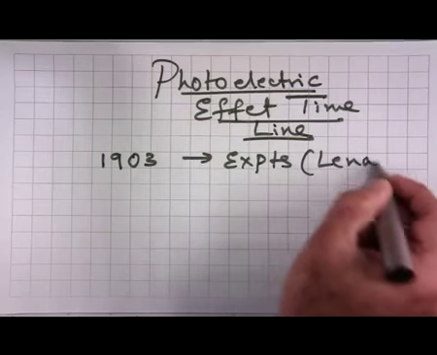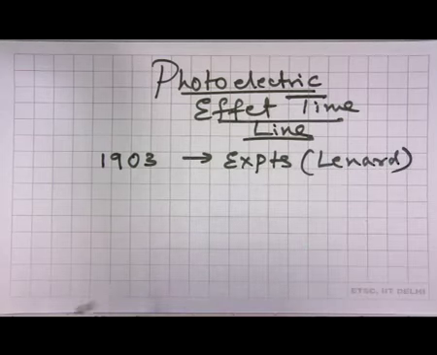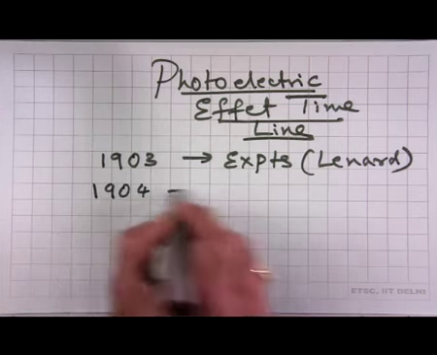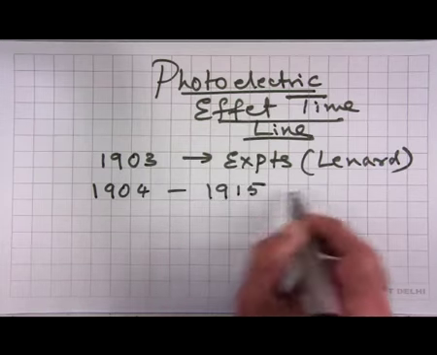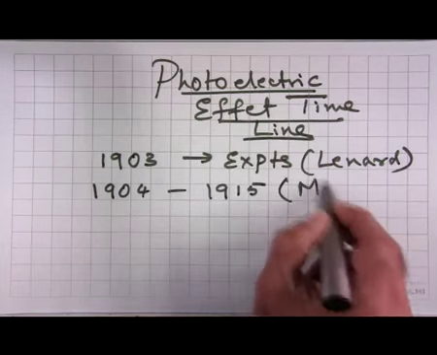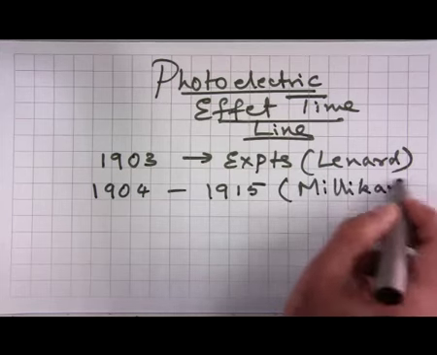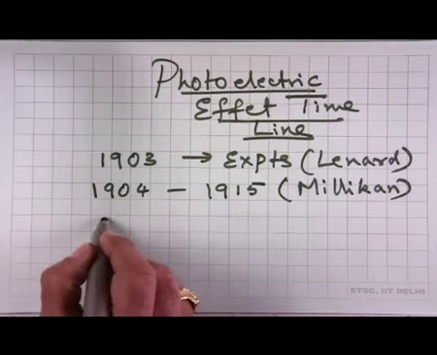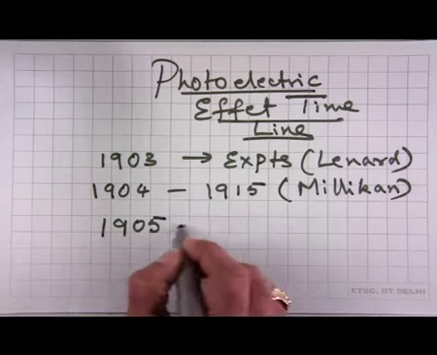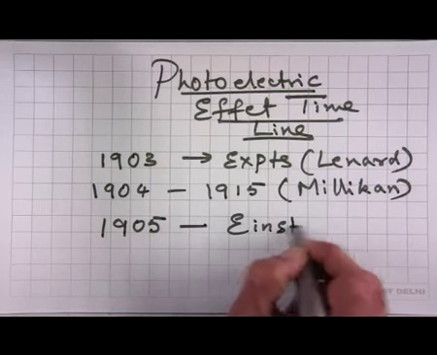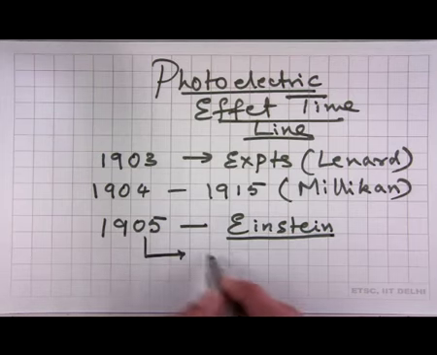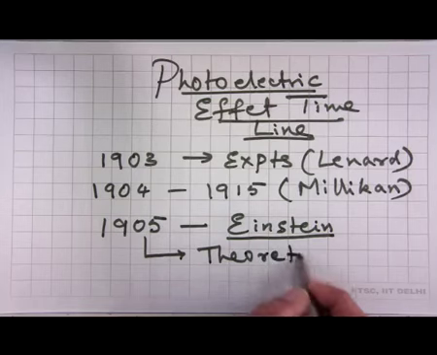And the great Millikan kept on performing experiments from 1904 to 1915, over a period of 10 years. His most celebrated experiment actually came around 1915, but Einstein wrote his famous paper in 1905. So this was a theoretical explanation.